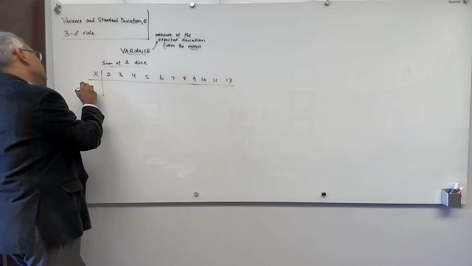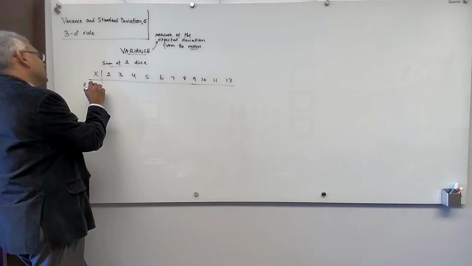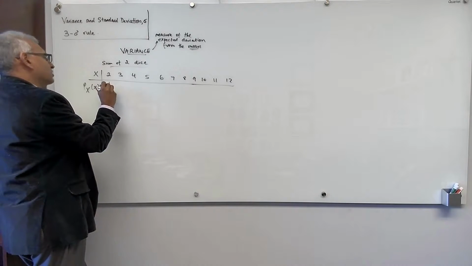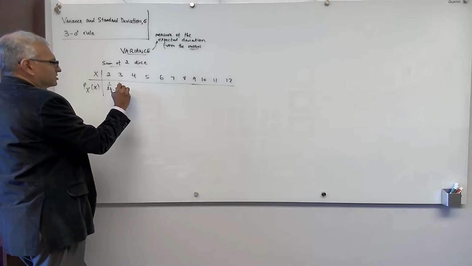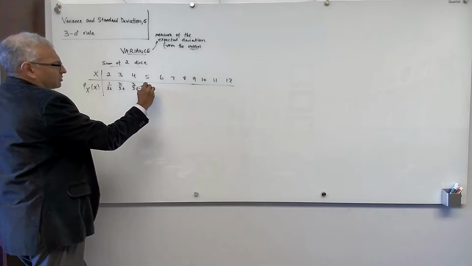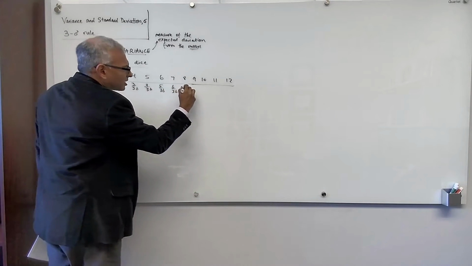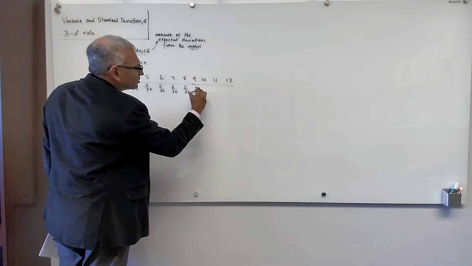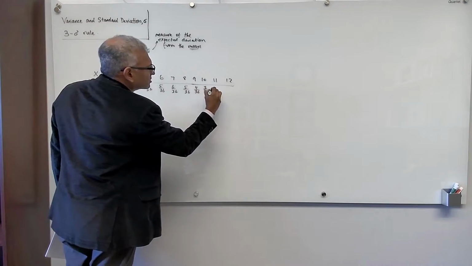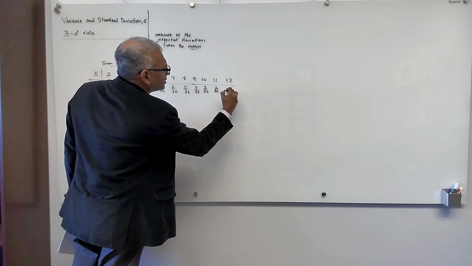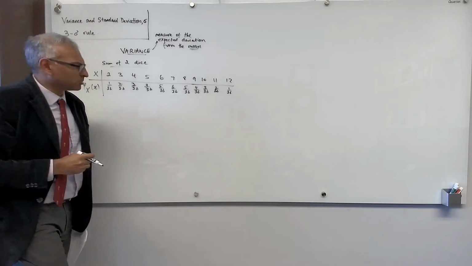The probability P sub x of little x, so the outcome little x: 1 over 36, 2 over 36, 3 over 36, 4 over 36, 5 over 36, 6 over 36, 5 over 36, 4 over 36, 3 over 36, 2 over 36, 1 over 36. Okay, so those are the probabilities.